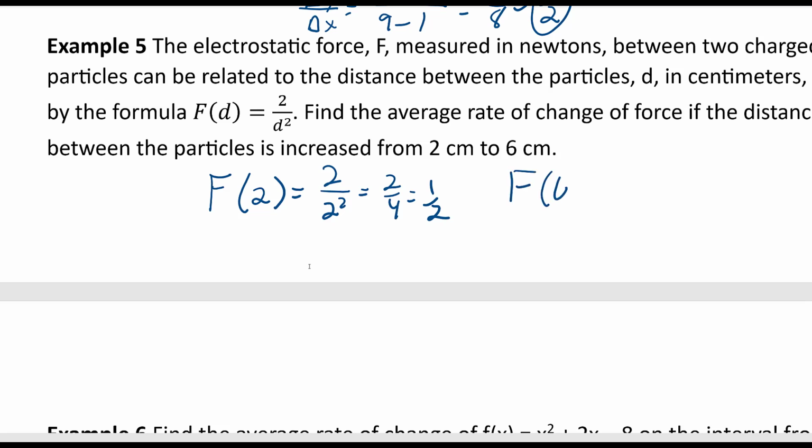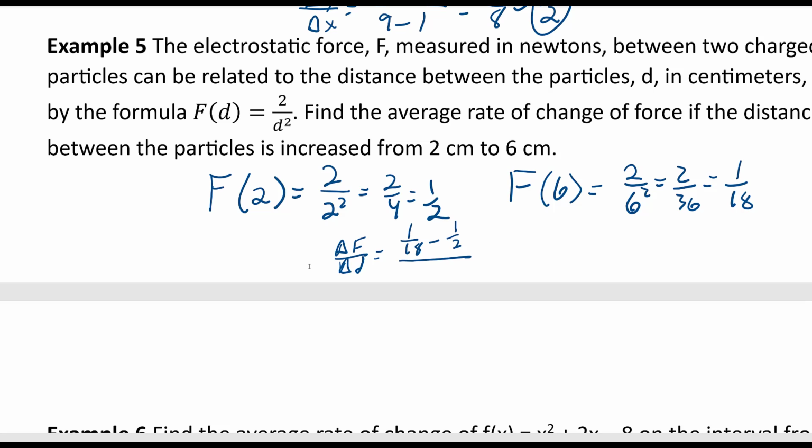The force at 6 centimeters is 2 over 6 squared, 2 over 36, so I get 1/18. So our delta F over delta d would be 1/18 minus 1/2 over 6 minus 2.